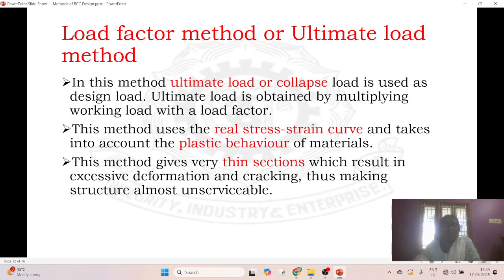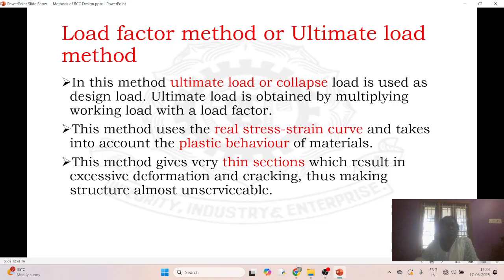The next one is the load factor method or ultimate load method. We know the meaning is present in the name itself. In this method, ultimate load or collapse load is used as the design load. Ultimate load is obtained by multiplying working load with a load factor. This uses the real stress strain curve and takes into account the plastic behavior of the materials.